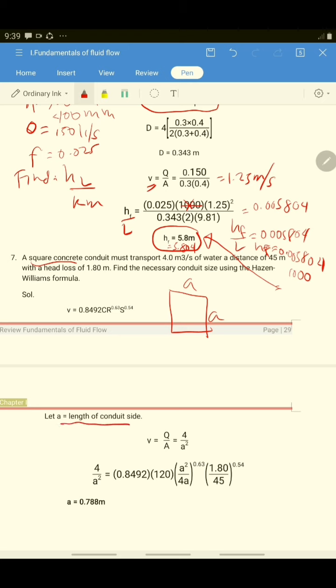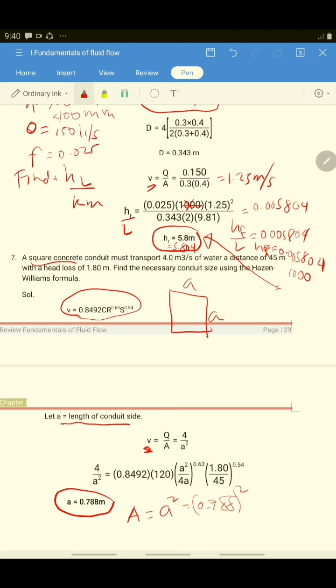Assuming A is the length of the conduit and getting the velocity, you have this. Then your velocity formula for Hazen-Williams is that. So your answer is 0.788 meters. If you are required to determine the area of flow, it is just equal to 0.788 squared.